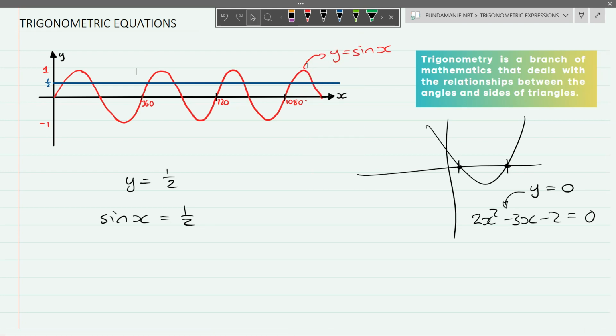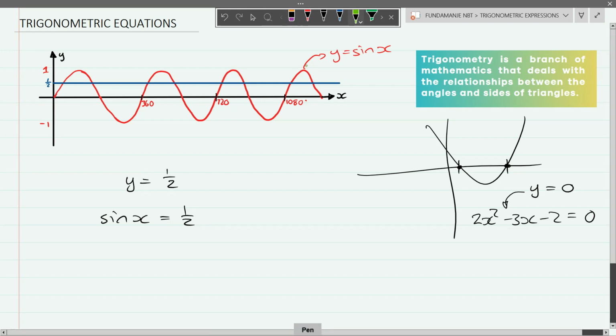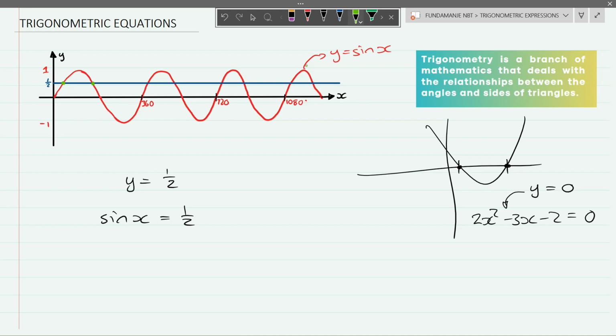If I were to draw this function going on and on, there would be indefinite points at which they intersect, right? Our function is half over here, it's half here, half there, half here and half there. As we can see, it goes on and on.